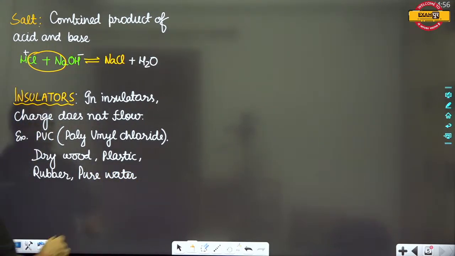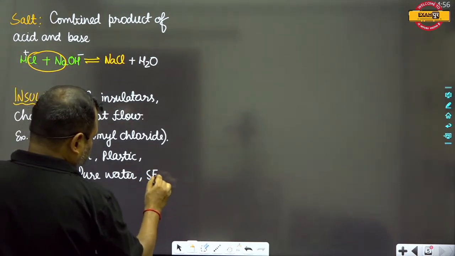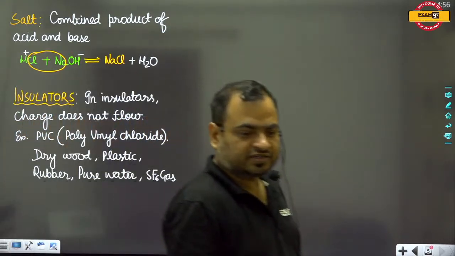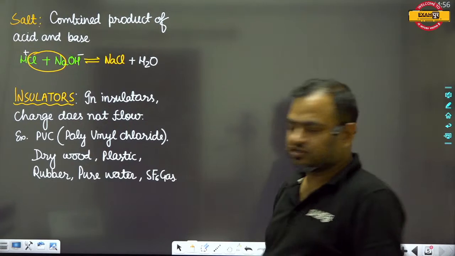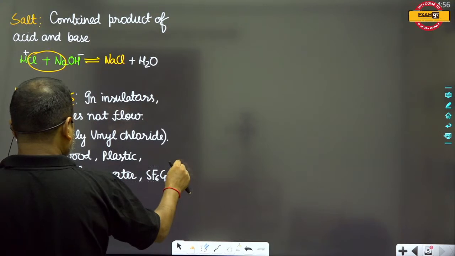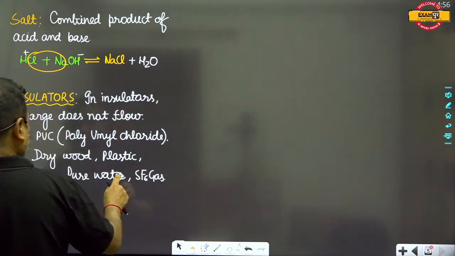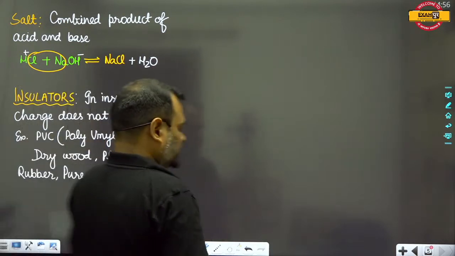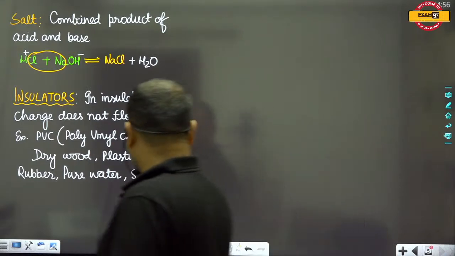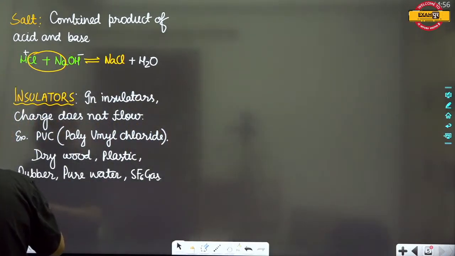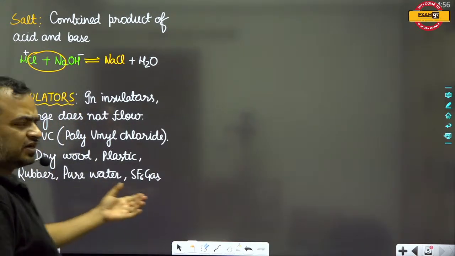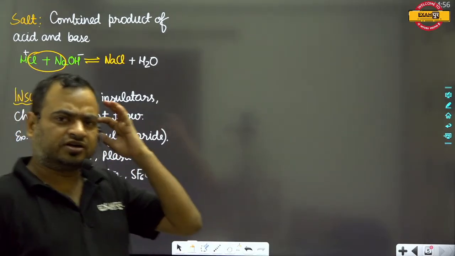And SF6 gas, known as sulfur hexafluoride gas, is used in the electrical engineering industry to make circuit breakers, which are also known as SF6 circuit breakers. These are some insulators. Sand is also an insulator.